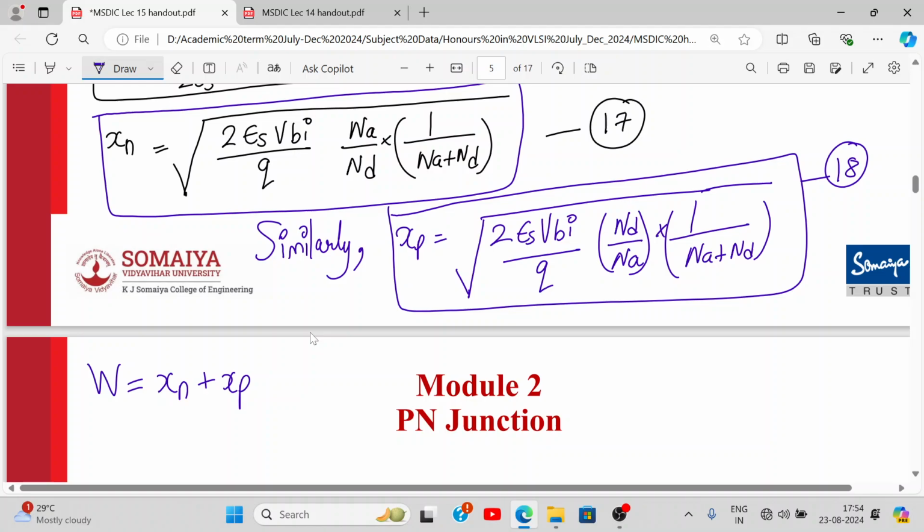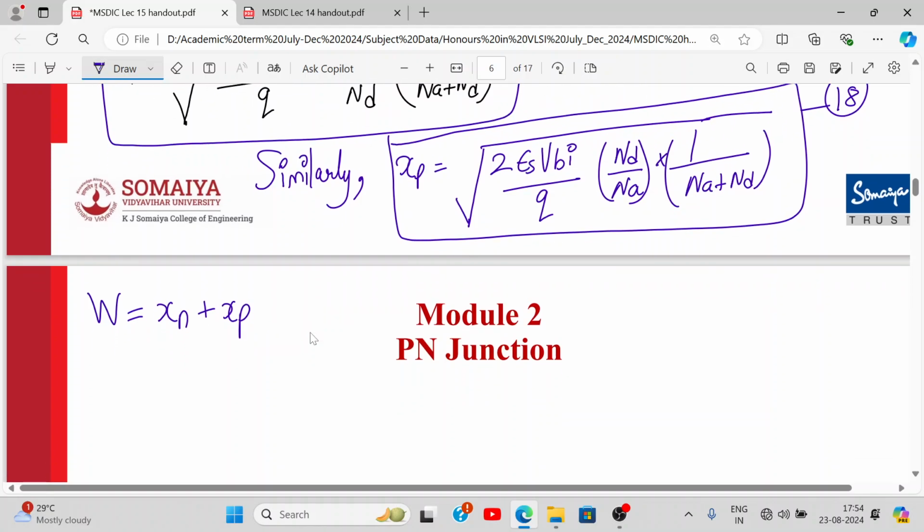How will we combine xn and xp? We can take common terms.